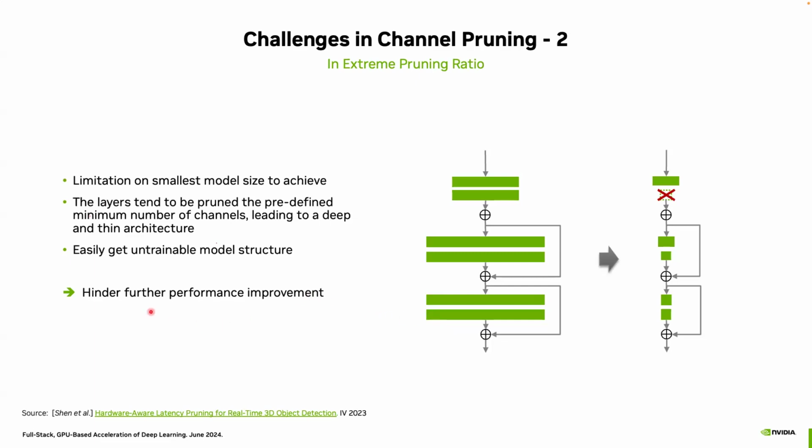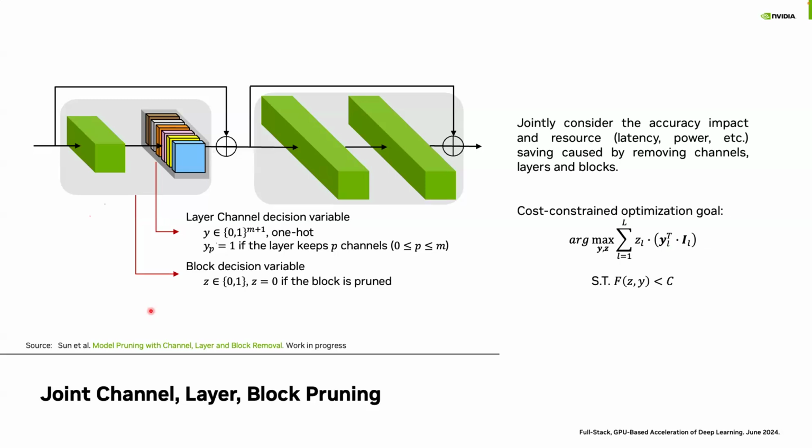So it's going to lead to an untrainable model structure, or otherwise there will be some limitation on the model size that we can prune. So we need to consider joint pruning of the channel, layer, and block for a large prune ratio.